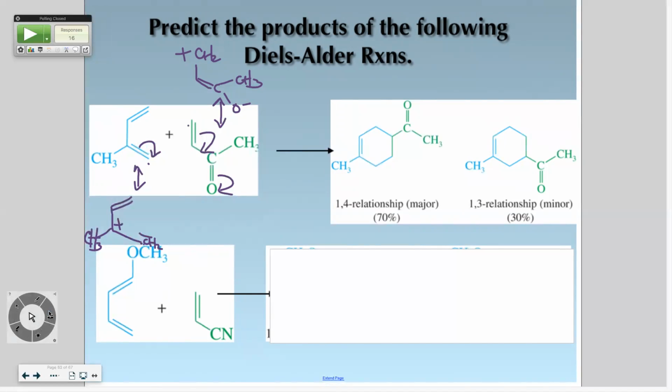Why do you think you got some of the minor product, and before we didn't get any? Because this did not contribute resonance. Okay, that's how come resonance is such a strong stabilizing factor. So look at the bottom one by Wednesday and see if you can figure it out, and then I'll do those other 2 slides.